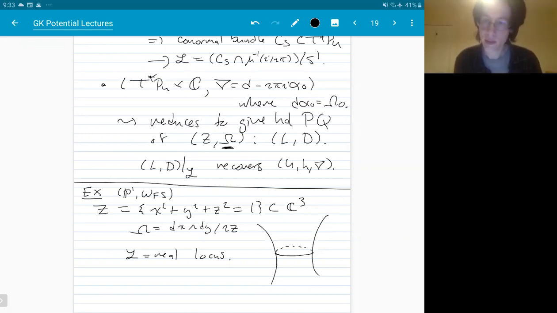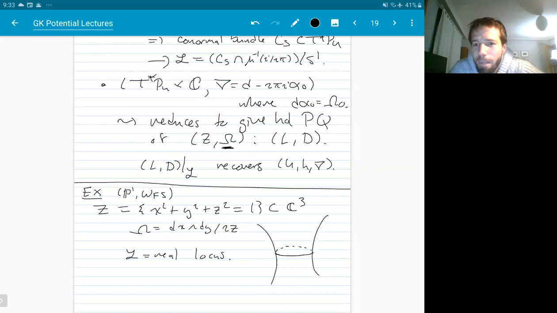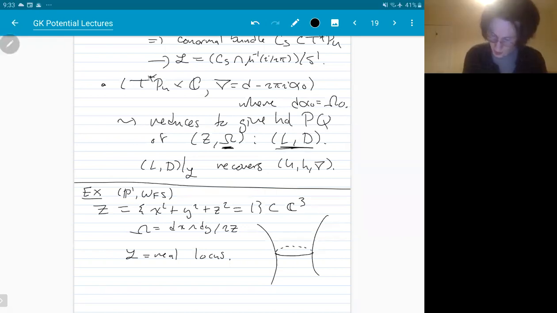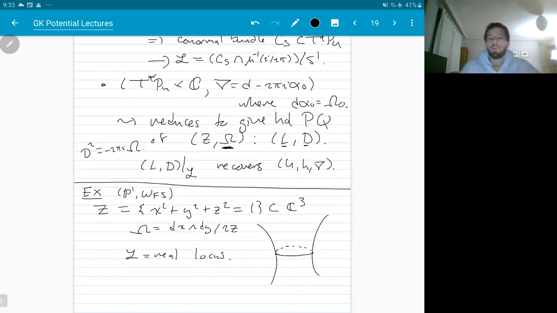I didn't understand what is D. You see, it reduces to give a holomorphic... Oh, here. Yeah. So D is a holomorphic connection on L, such that D squared is omega. So it's a holomorphic prequantization. Oh, okay. Prequantization.